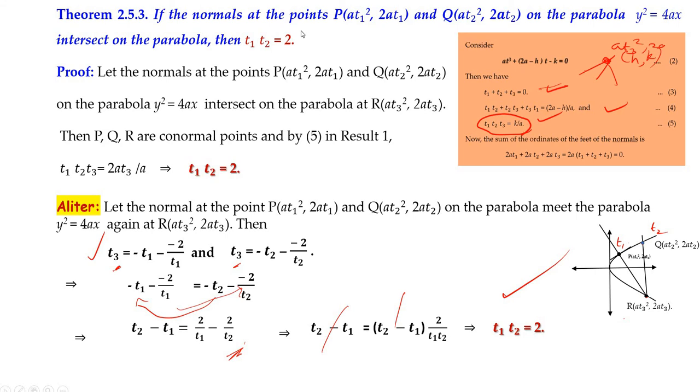In the worked out problems or in the exercise problems, we need to remember this result: t2 is equal to minus t1 minus 2 by t1. The other one, t1 t2 is equal to 2. Now in which case we use which condition, we should be very familiar.